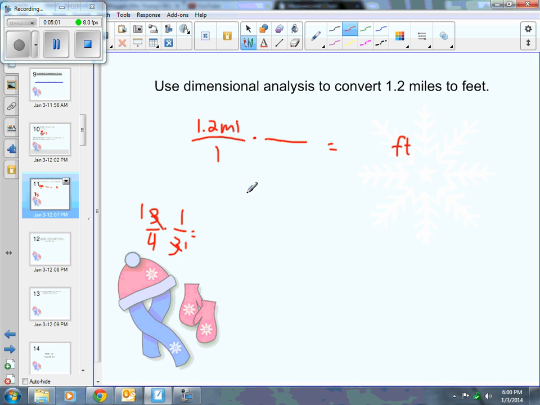You can do that same thing with units. If I want to get rid of my miles, I'm going to put my miles on the bottom. That way, I can cross out my miles eventually. I want feet, so I'm going to put the feet on top. And how many feet are in a mile? It's 5,280.